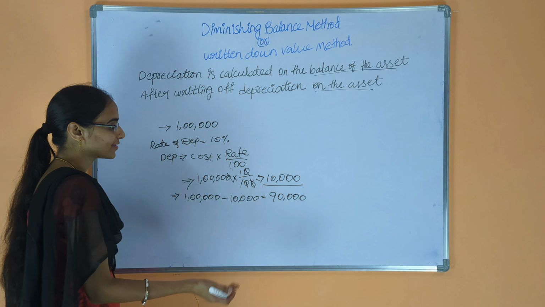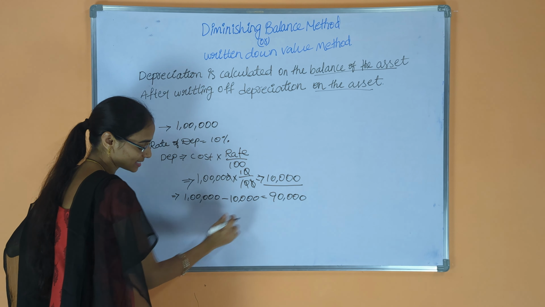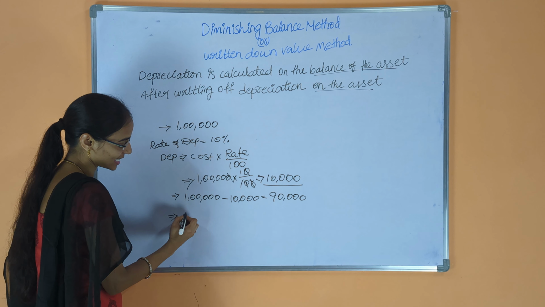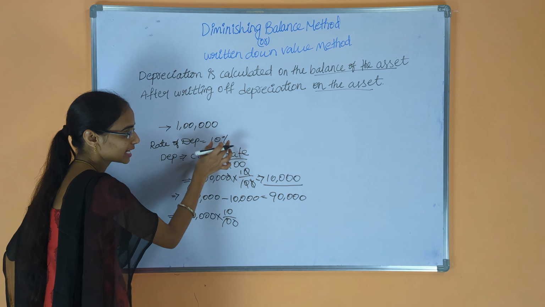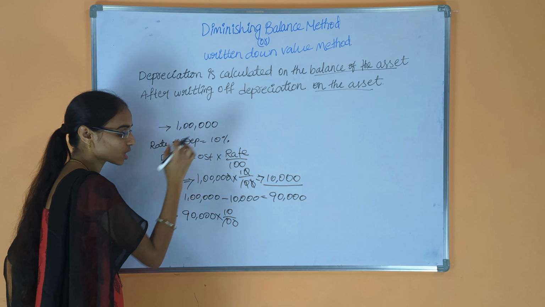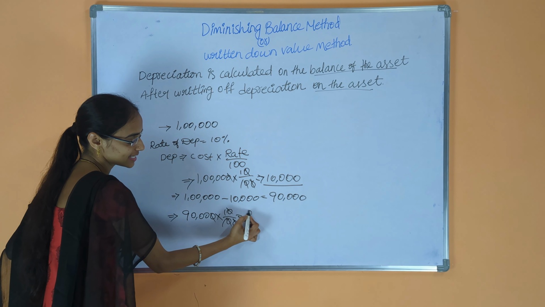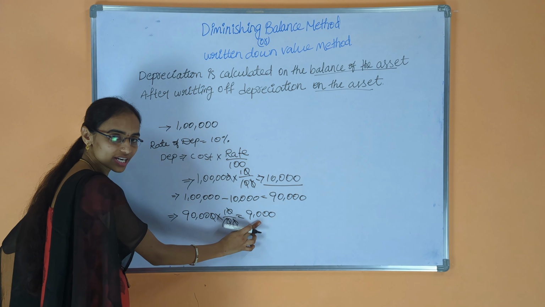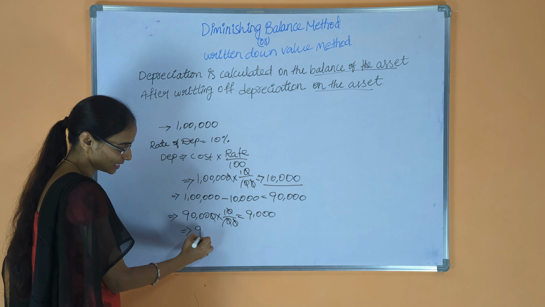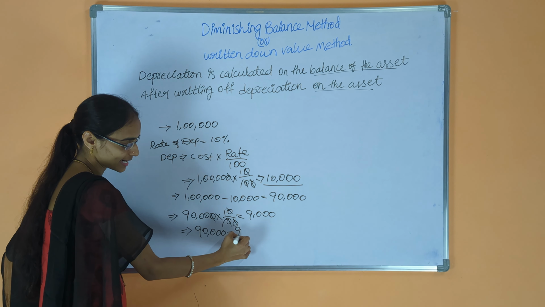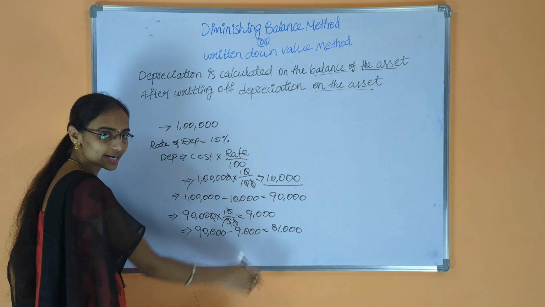For the next year, we do not calculate it on the 1 lakh amount. We calculate on the amount of rupees 90,000. On that 90,000, we calculate depreciation as 90,000 into 10 by 100. The depreciation rate is constant, but the depreciation amount is not the same for all the years. Every year it will change. For the second year, depreciation is 9,000. The asset value at the end is 90,000 minus 9,000, so the book value is 81,000 at the end of the second year.